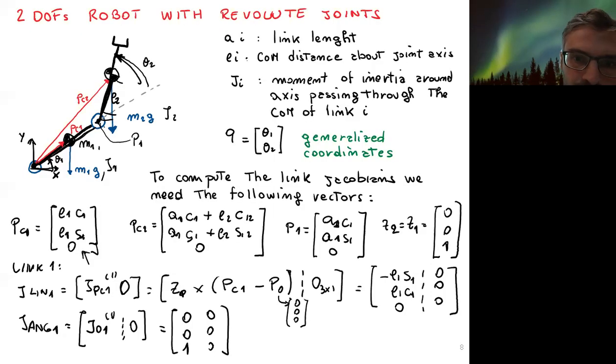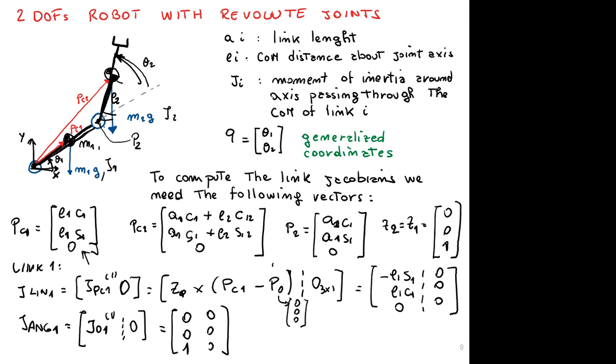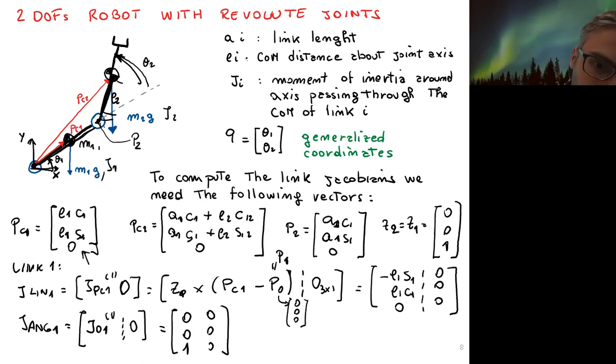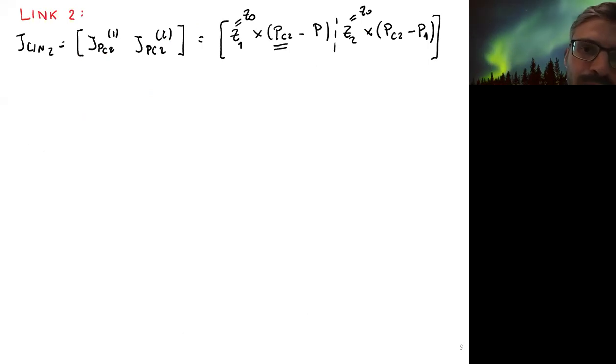So what I called p_1 is not p_1, but is p_2, because it is related to link 2. And this is equal to p_1. So this is p_0, p_1, and this is p_2.